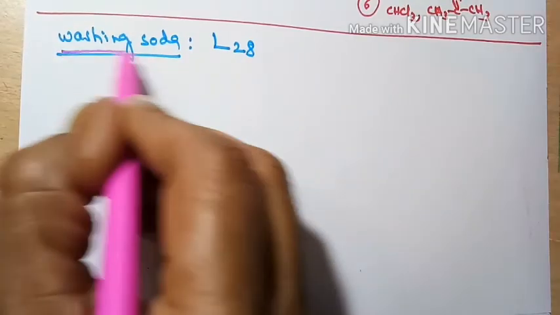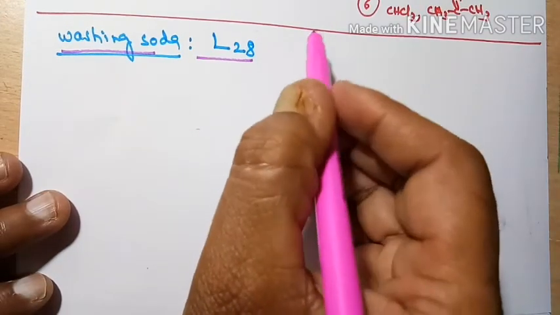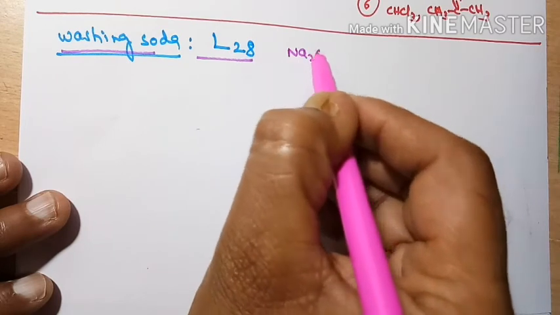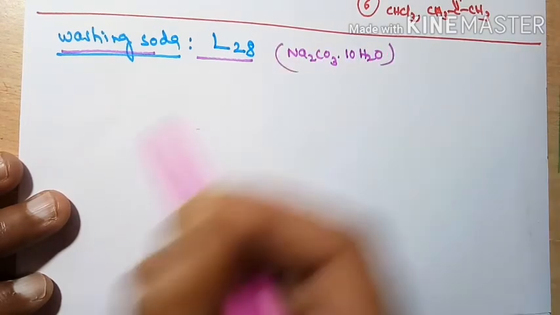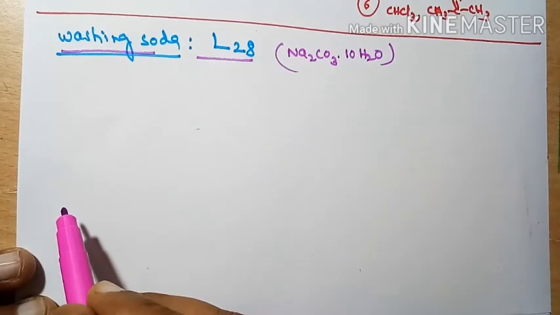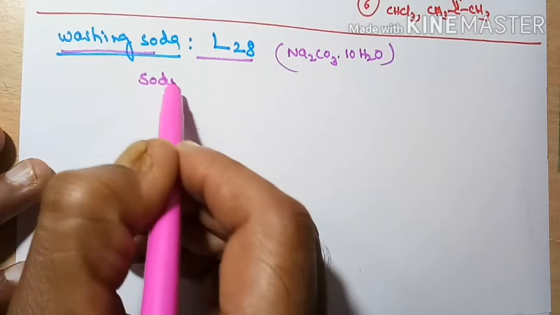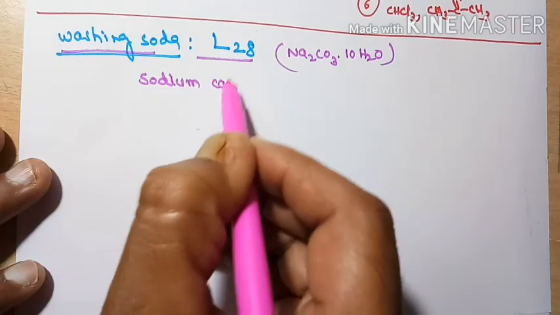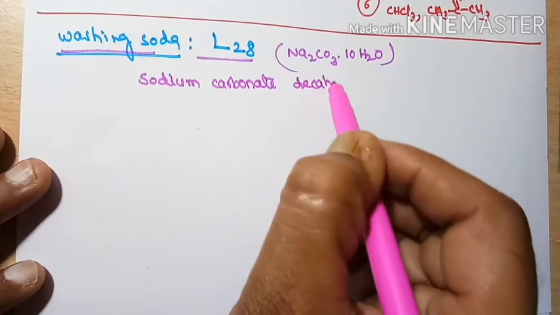Washing soda. What is the formula of washing soda? Na2CO3.10H2O, sodium carbonate decahydrate.